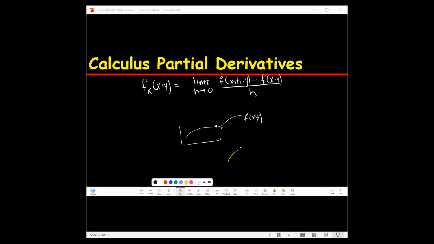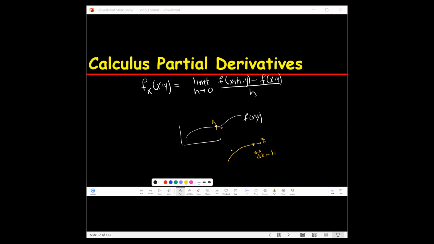Maybe I can call this point a. At this point only x is changing, so this is delta x. You can also say this delta x is h. So you're basically asking what's going to happen to this function if only x is changing, y is not changing. There's no y change, only x is changing, and that is what it means.